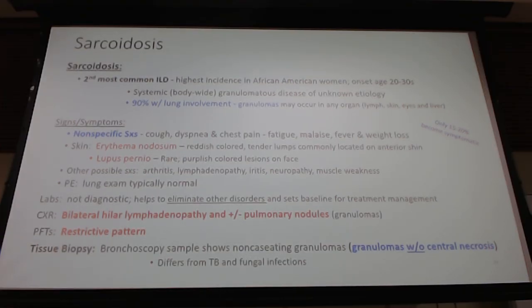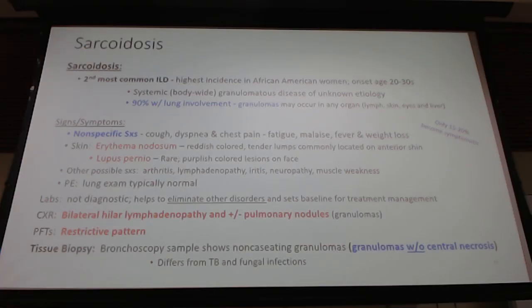So really, most people, for an otherwise healthy 20 to 30-year-old female, are going to probably say, oh, you probably have a virus, right? So very nonspecific. And if you look here, only about 15 to 20% even become symptomatic. So again, similar to that mycotic pneumonia, that's just how it presents. Most patients, especially if they tend to minimize symptoms, a lot of them won't even present for this.